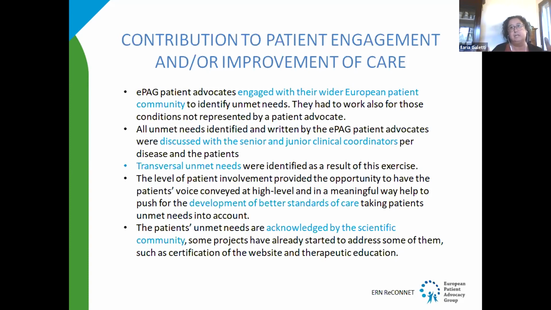We started working on the therapeutic education because among the clinicians in Reconnect, we have experts in patient educational therapies. And at the beginning, it was not that easy. We had some arguments with the clinicians, but then it went really, really well. We delivered a survey on the patient education. We, as ePAG, spread it all over Europe through our channels, website, newsletters, and social media.